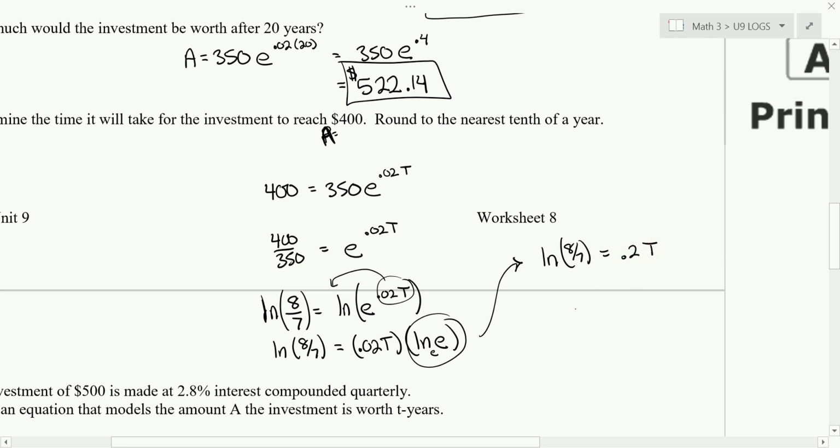And so I'm going to divide both sides by 0.02, and you get natural log of 8 over 7 divided by 0.02 gives us about how many years we're going to have to wait to see this $350 grow to $400. So in my calculator, I'm going to find the natural log of 8 over 7, and I'm going to divide that by 0.02.